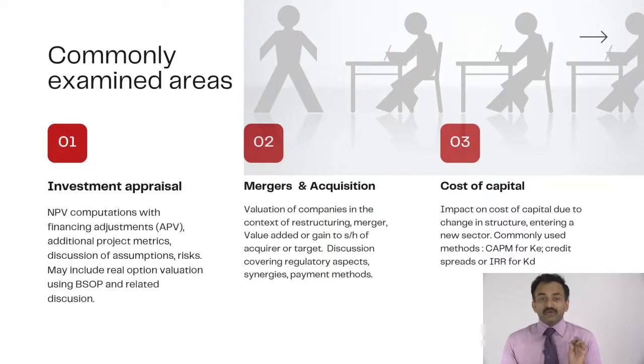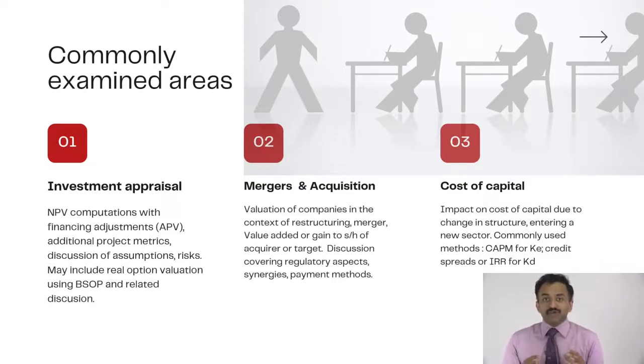On the back of investment appraisal and valuation relating to mergers and acquisitions, I cannot stop myself from talking about cost of capital, which is embedded into both these areas. Whenever you need to perform a free cash flow valuation or an NPV, you need the appropriate discount rate, which reflects the risk of the company you're trying to calculate the value for or the project you're trying to evaluate.